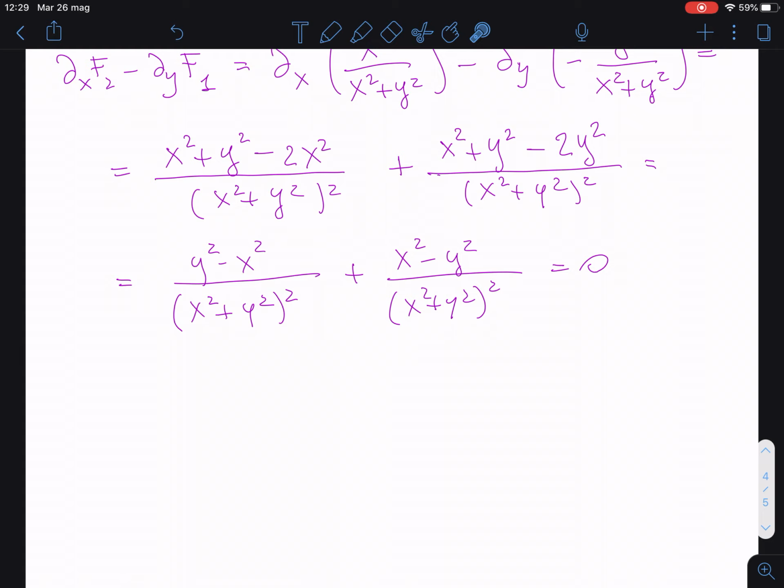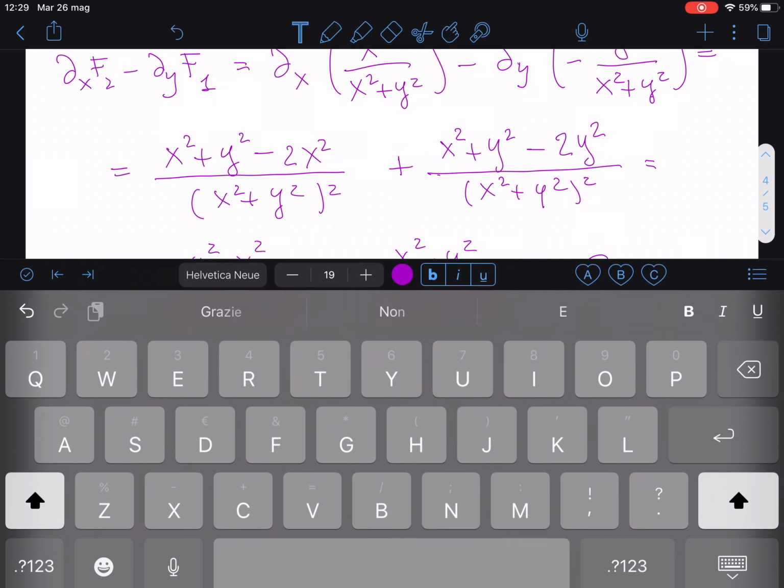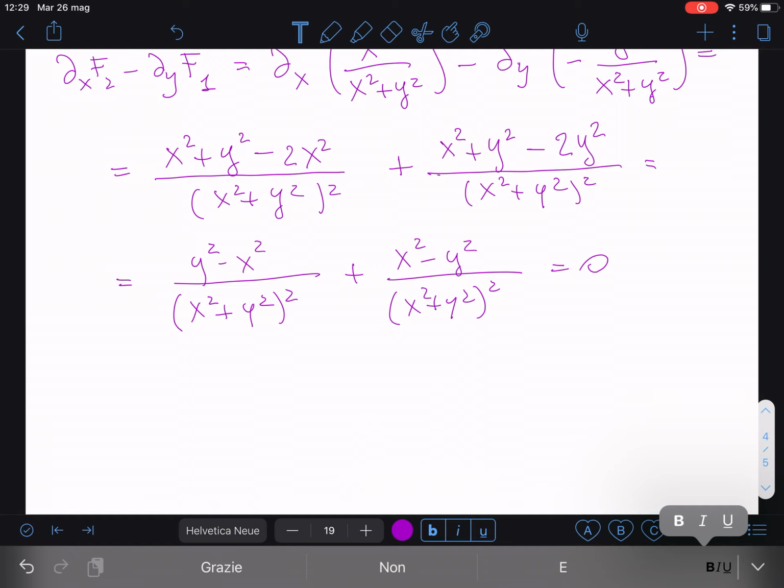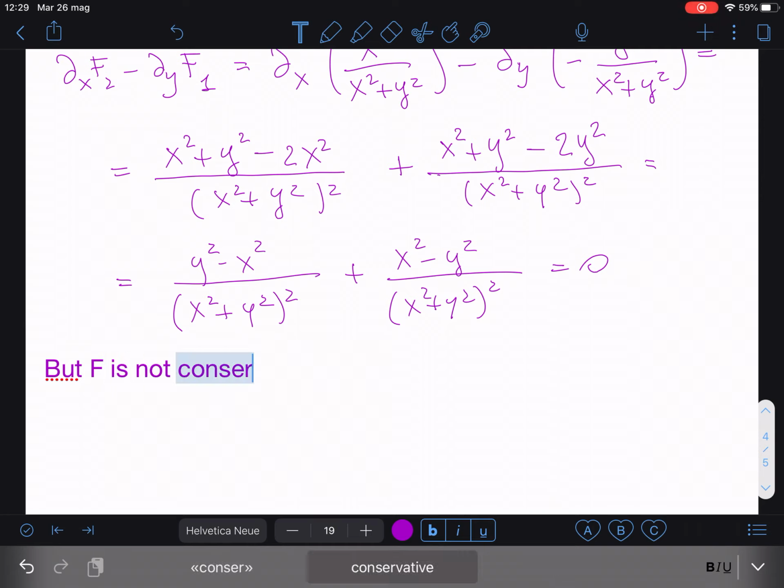But the other thing to be understood here is that f is not conservative.